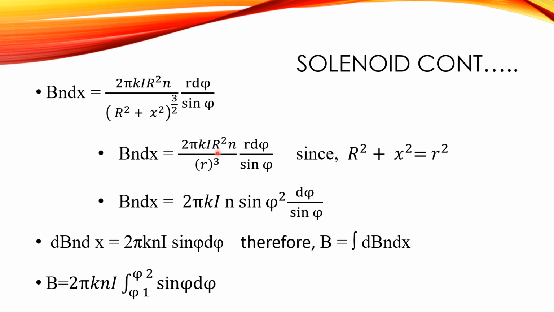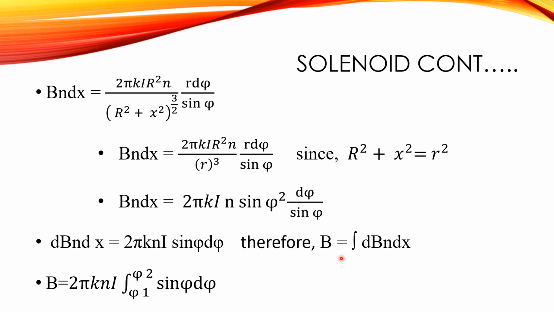Here we have a capital R, but since this x is very small, we can write capital R² equal to small r². So the equation can be represented as dB_n dx equal to 2πk n i sin phi d phi.